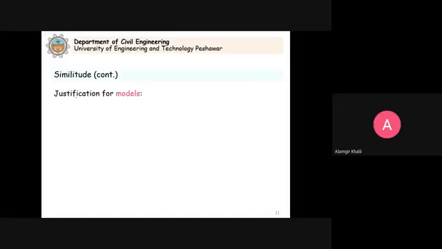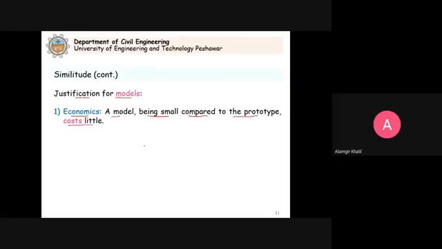Now, what is the justification for the models? Economics. A model being small, in our case, for example, now we study hydraulics. So in hydraulics, we study rivers or dams or spillways. So a model should be generally small, so it costs little.